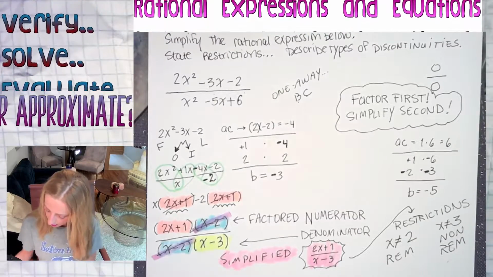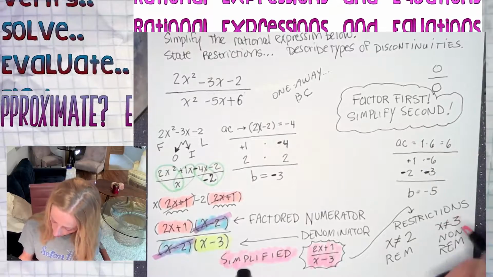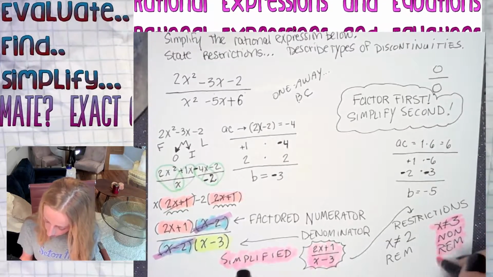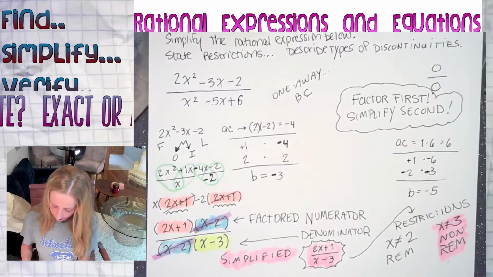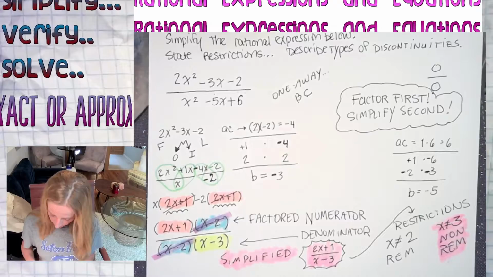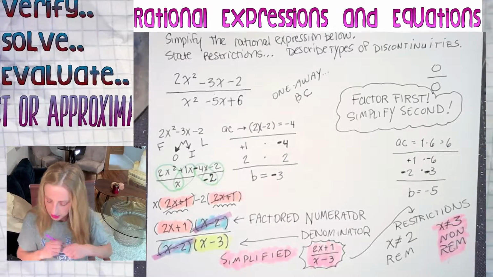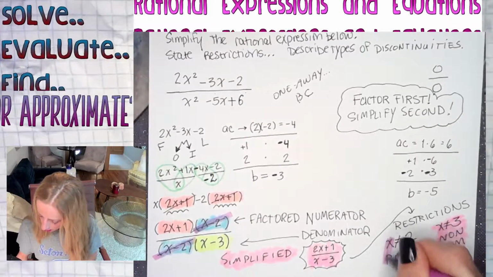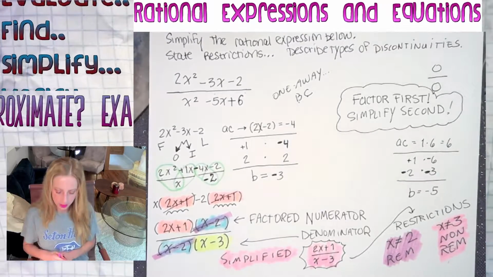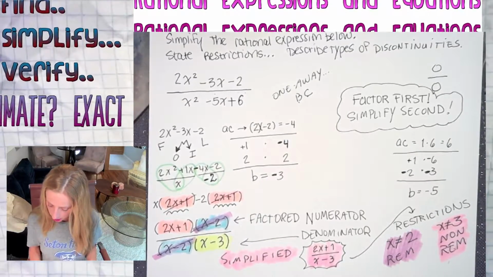And that is it. So the non-removable, I'm going to just go with pink because you see it in your simplified answer. The removable, blue, purple, whatever, I just colored over there. So the removable, actually I'll do purple because that's what I crossed it out in. I don't know how different those look on camera. Oh, a little. Okay. And those are your restrictions.